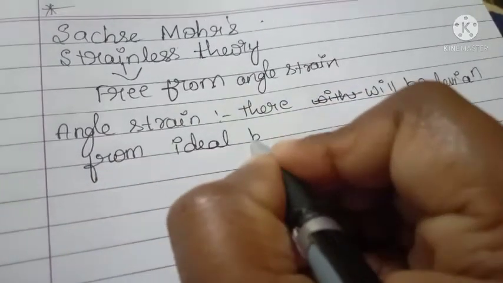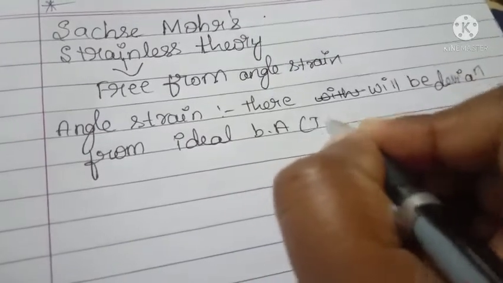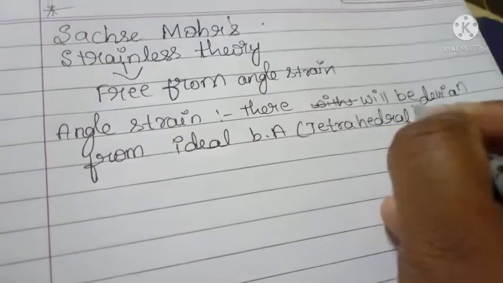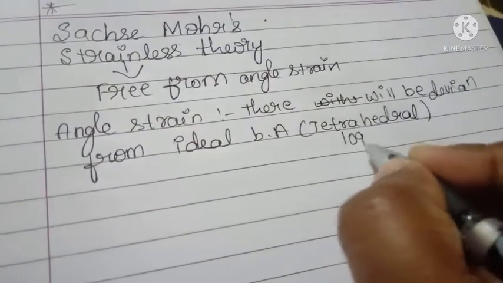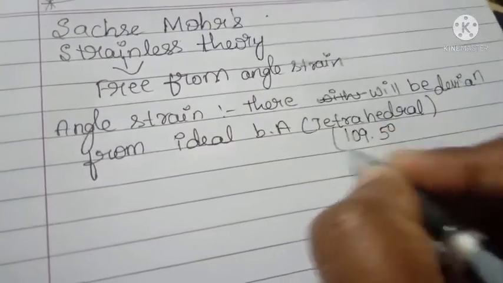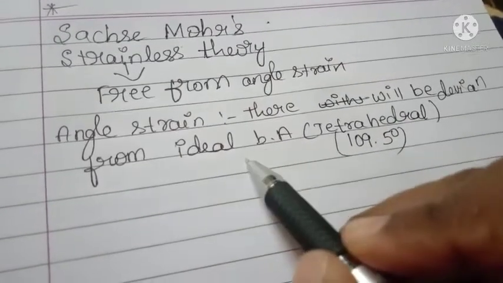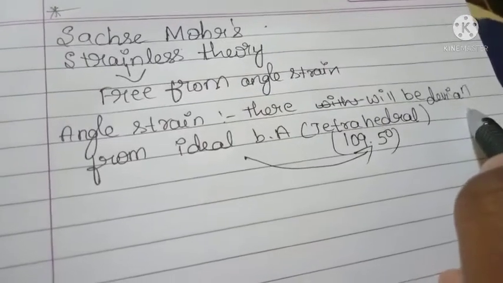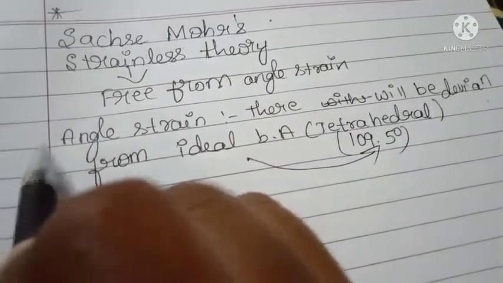The ideal bond angle means the tetrahedral bond angle. Tetrahedral bond angle means 109.5 degree. This is the tetrahedral bond angle. If this bond angle deviates, that is called angle strain.